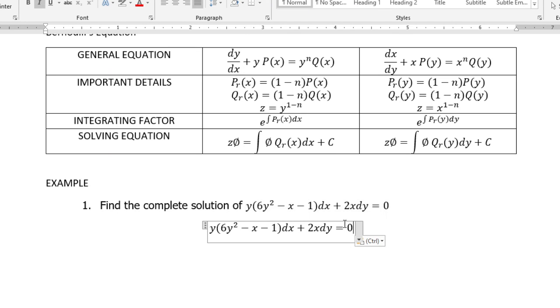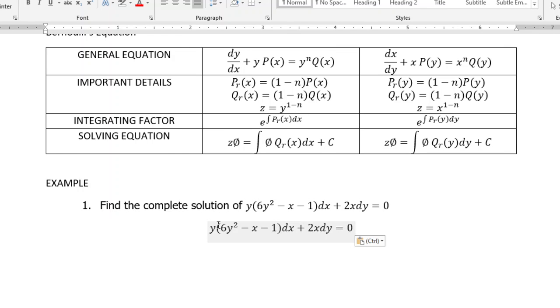So, kinopya ko yung full na equation. Okay?